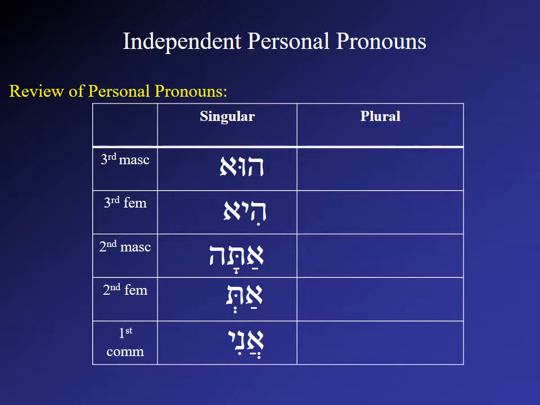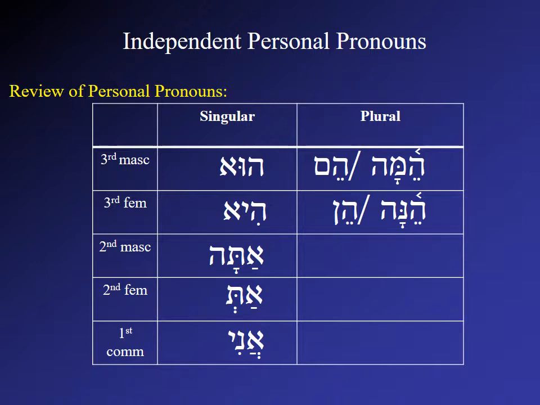We can do the same thing on the plural side. So we've learned this just as vocabulary, the third masculine plural. There are two possible forms. One is hema or hem. Third feminine plural, hena or hen.